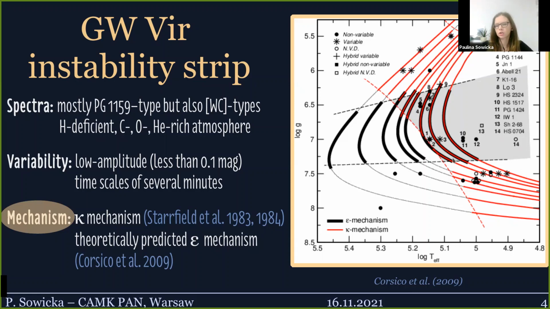And this shaded area shows the region where both of these mechanisms can work. And you can see that there are many stars that actually populate that area. Unfortunately, so far there is no observational evidence for this mechanism.